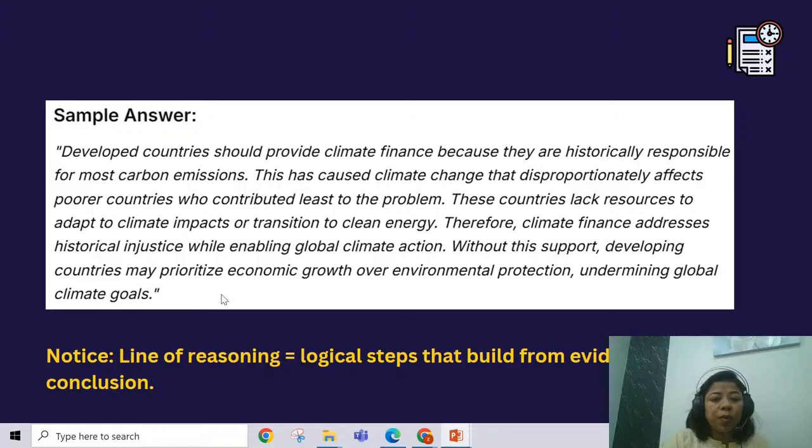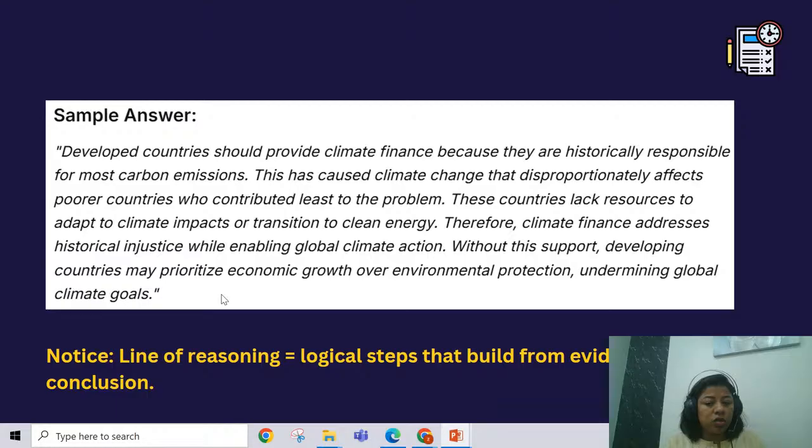Developed countries should provide climate finance because they are historically responsible for most carbon emissions. This has caused climate change that disproportionately affects poorer countries who contributed least to the problem.